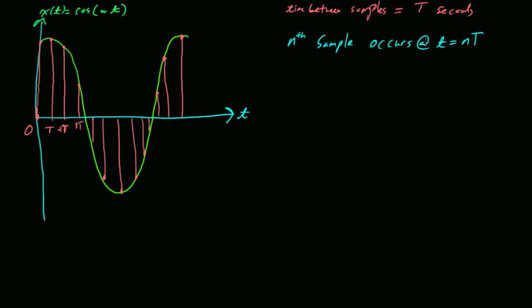Okay. So I think what that means is that we want cosine of omega, but do we want all time? No. We want nT. So I want to make a couple distinctions. Originally, this was a continuous time signal, and my variable was t for time.